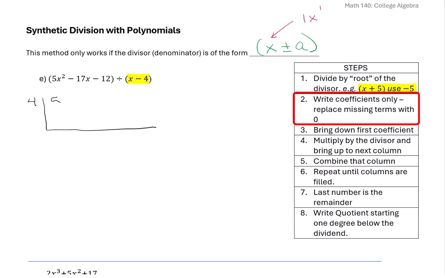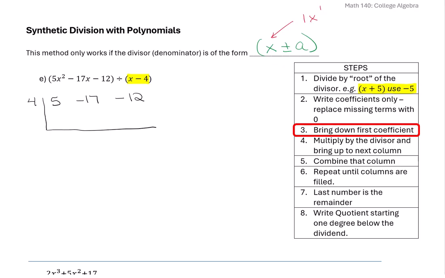So we're going to write 5, and then -17, and then the -12. And again, if we were missing any terms, we would replace that term with a 0.